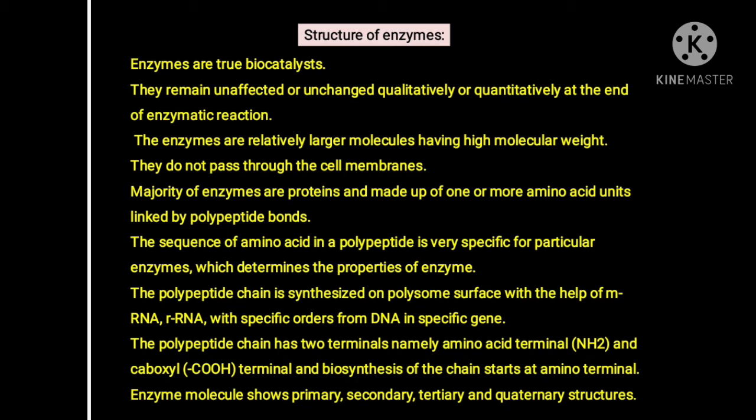The polypeptide chain has 2 terminals, namely the amino terminal and the carboxyl terminal, and the biosynthesis of the chain starts at the amino terminal. The enzyme molecule shows primary, secondary, tertiary, and quaternary structures. We will see one by one.